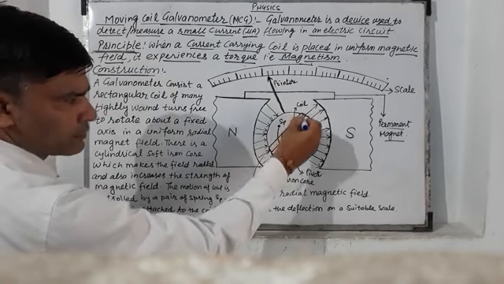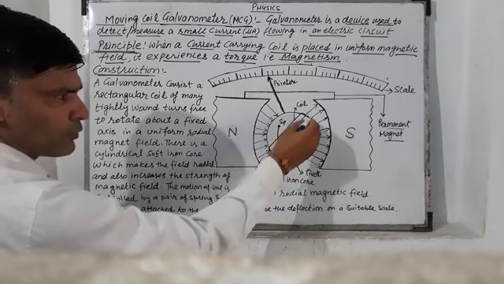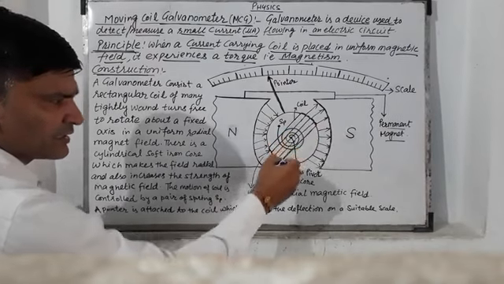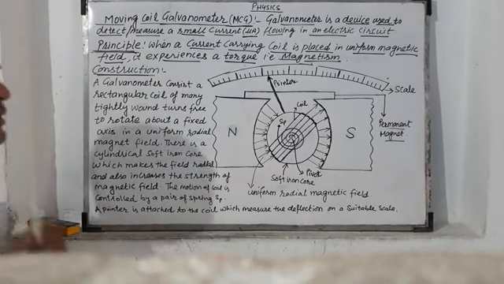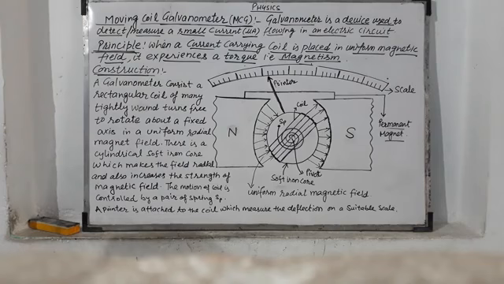This is the rectangular coil, which is placed in a uniform radial magnetic field.